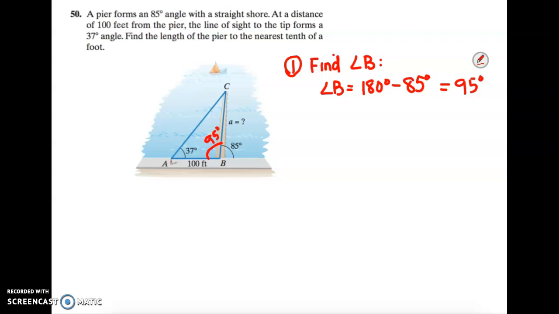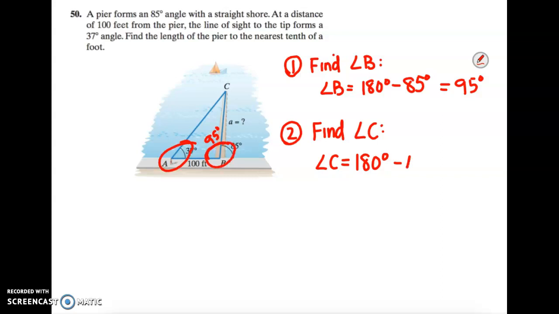Now we have two angles in the triangle. So step two, use your triangle sum theorem. Find angle C. So angle C is 180 degrees, and you subtract out angle A and angle B. So angle A was 37 degrees.